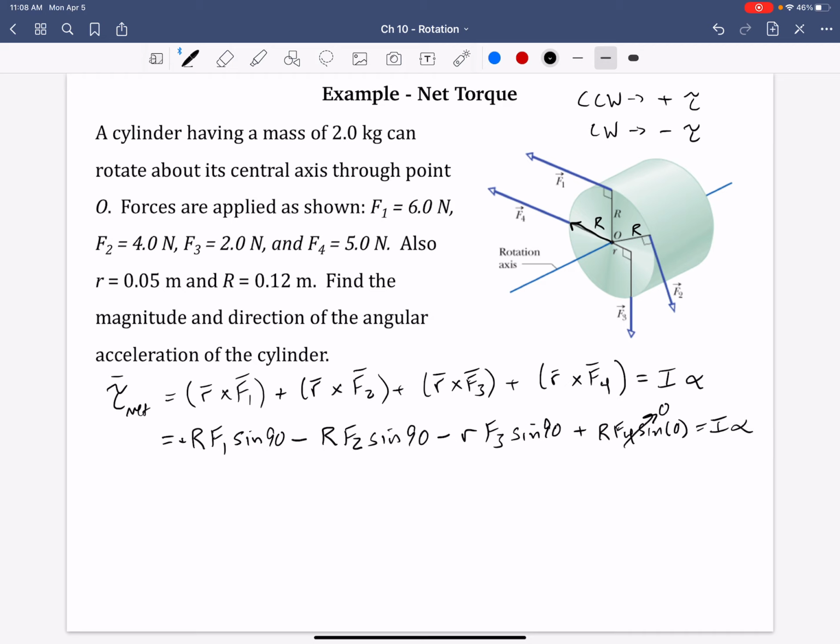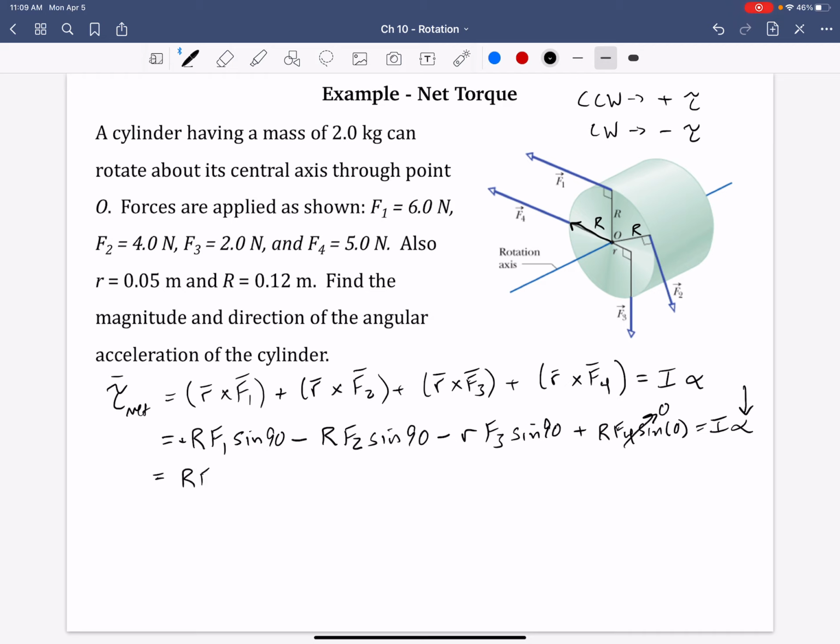In this entire problem, we're trying to solve for the value of alpha. So let's keep reducing it down. We know the magnitudes of F1, F2, F3, F4, and of capital R and lowercase r.